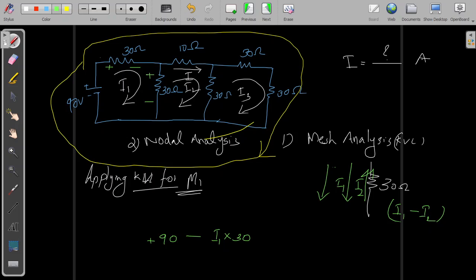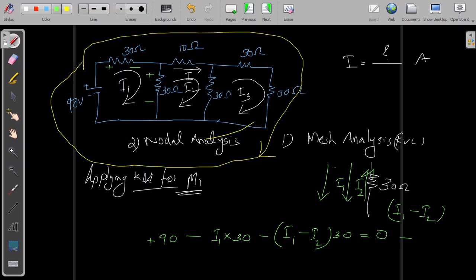So I get a minus: minus (I1 minus I2) into 30 equals 0. This is my KVL.